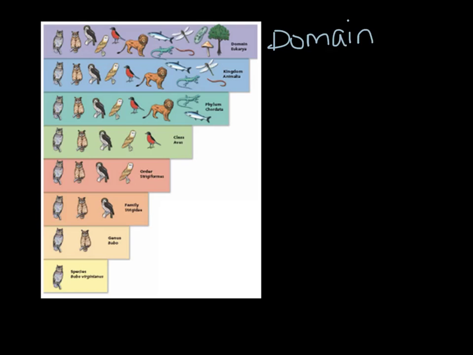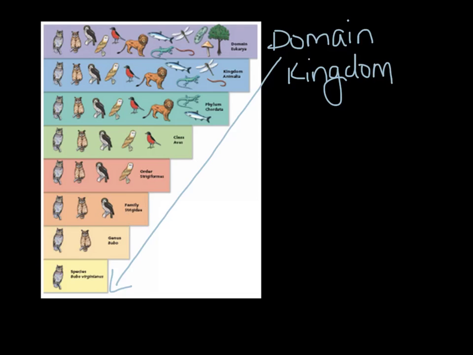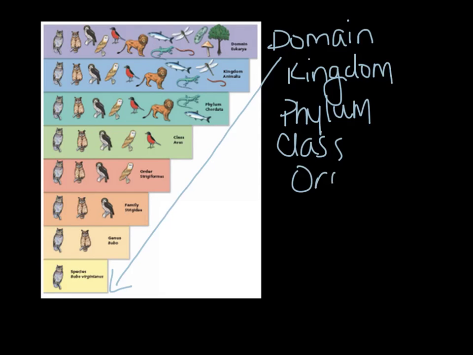And what we do is we get more specific as we move down this chart. It goes from domain to kingdom, phylum, class, order, family, genus, species.